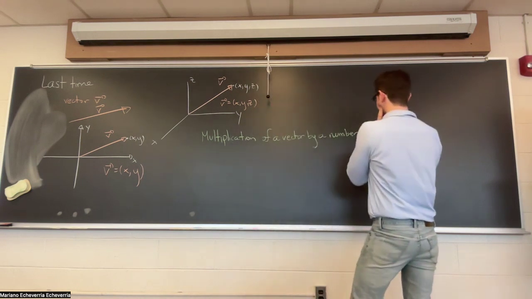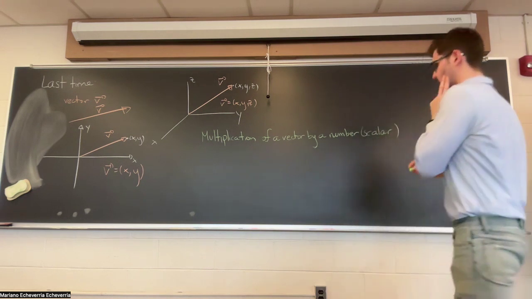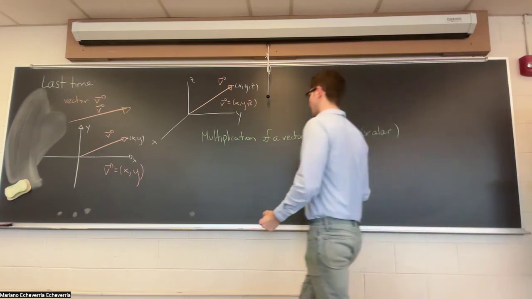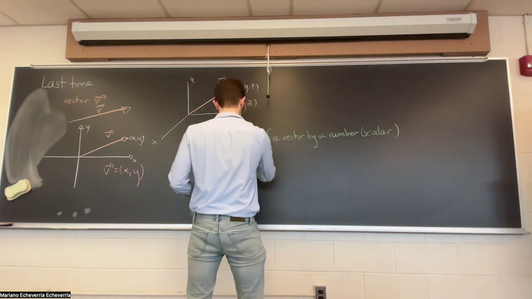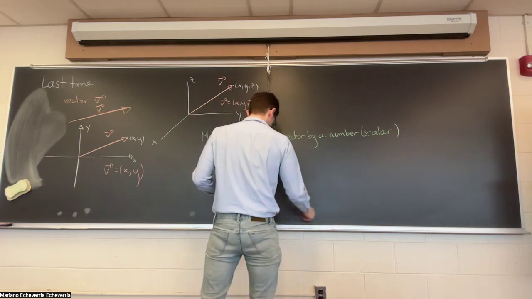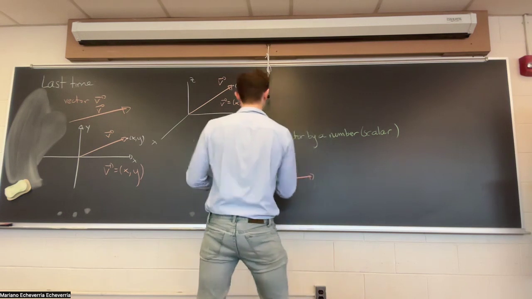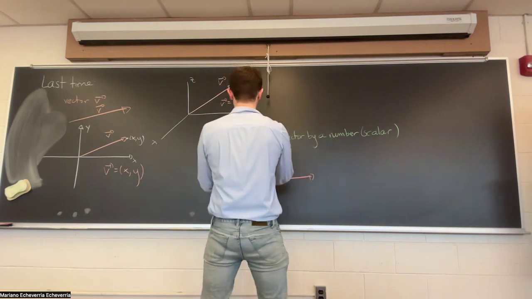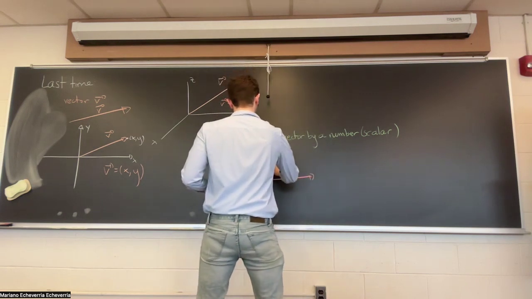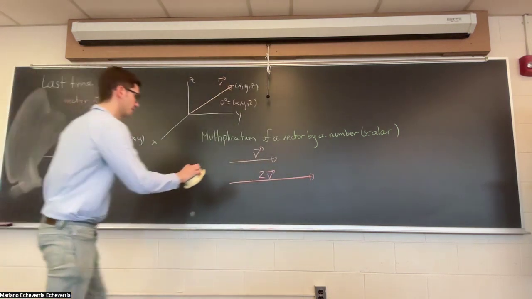And again, numbers sometimes will be called scalars in this class. So how does that work? If you have a vector v, what should the vector 2 times v or 3v mean?